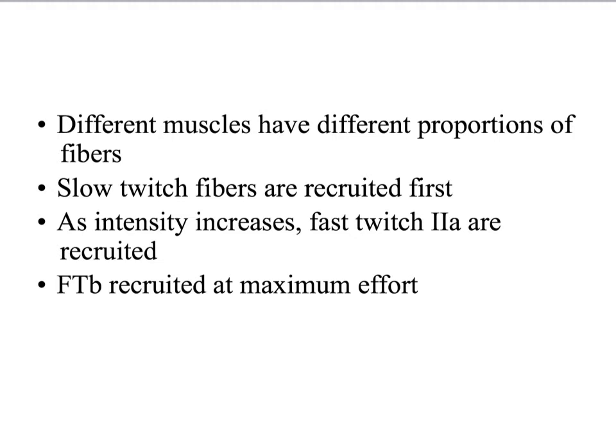So the fast twitch, the type 2B, are going to be recruited at maximum effort. So again, you're going to be calling in these different types of muscles at different types of strenuous activity. And it makes sense if you think about it.